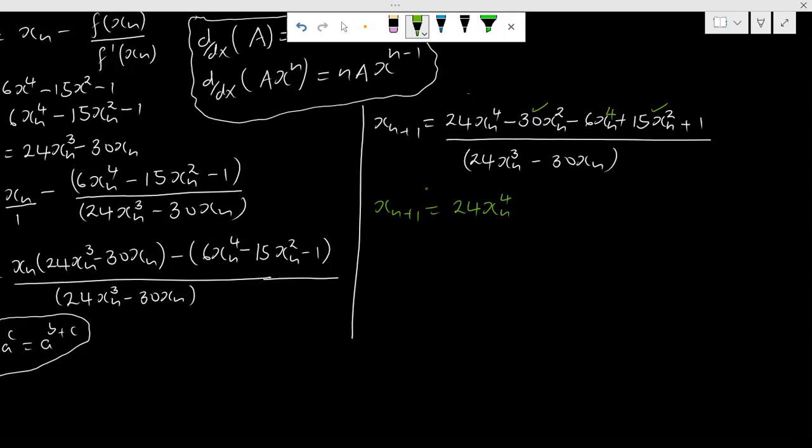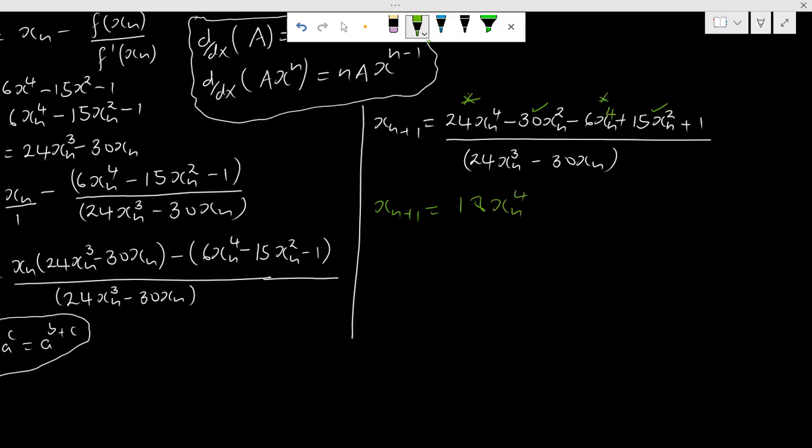So you're going to have the 24x^4 and also the 6x^4. When you get the two of them together, 24 minus 6, you're going to have 18x_n^4.